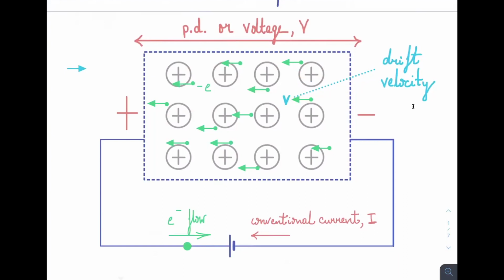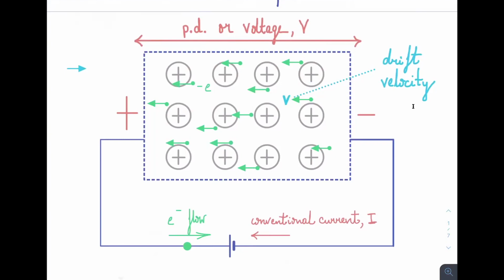Thus, the probability of collision is very high. And we say that electrons are thus resisted in their motion. So every electrical conductor is said to have a resistance, and this is measured in ohms. So the resistance of a metal is due to these collisions between the drifting electrons and the vibrating positive ions, which we measure in ohms.